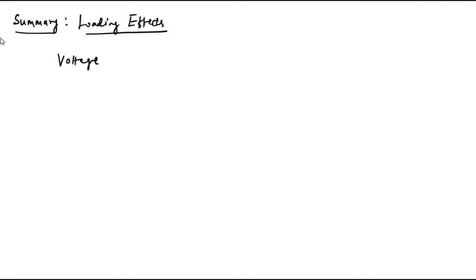So let us summarize the whole thing with respect to loading effects, because we have discussed a lot. Basically in loading effects we dealt with voltage and current sources, both at input side and output side. So we categorize it into two categories: voltage sources and current sources.